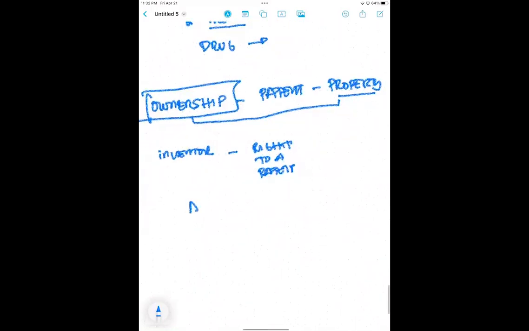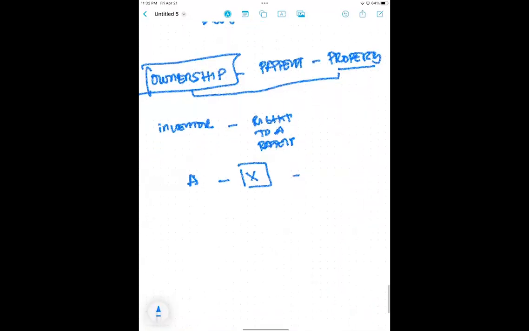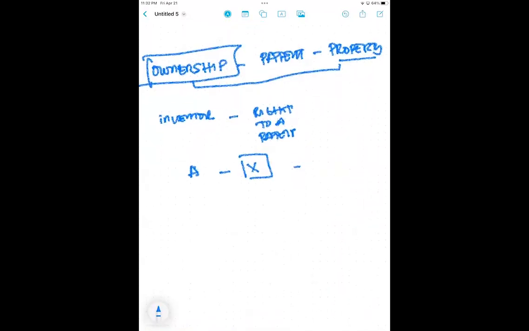Let's say, for example, A was able to invent X. Okay? Then A is the inventor, and as a general rule, A has a right to a patent. Siya ang mag-apply sa patent and because of that, he will be entitled to the patent. Okay? Now, the law says that the inventor or his heirs or assigns.